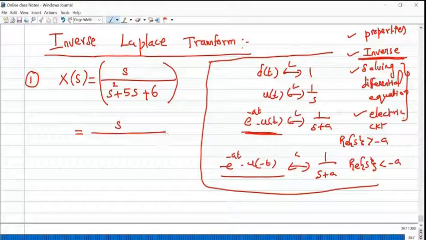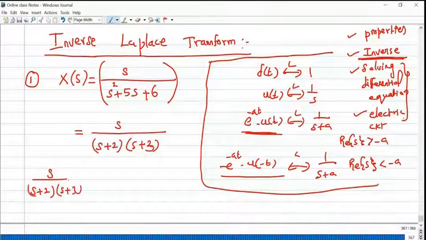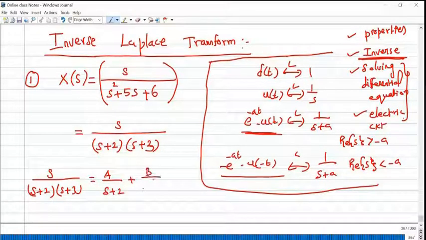Factorize this equation. S plus 2, s plus 3, correct? Multiplication of two numbers, 2 times 3, 6. 2 plus 3, 5. Now do the partial fraction method. S divided by s plus 2, s plus 3 equals A divided by s plus 2 plus B divided by s plus 3.